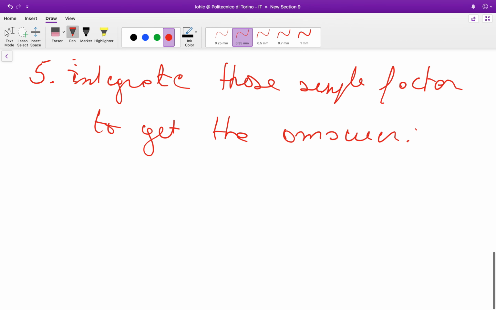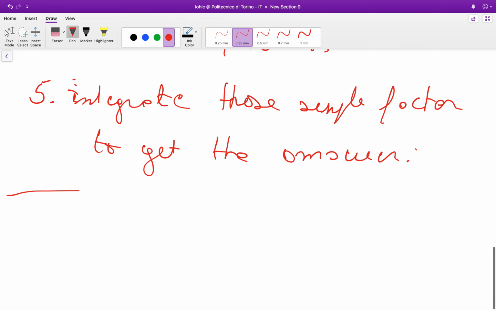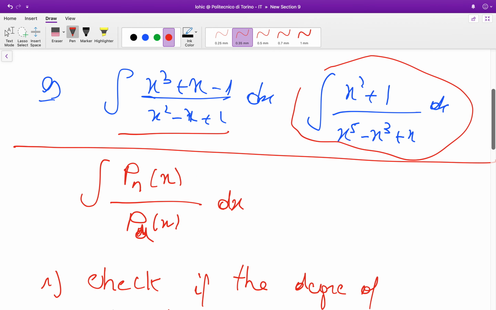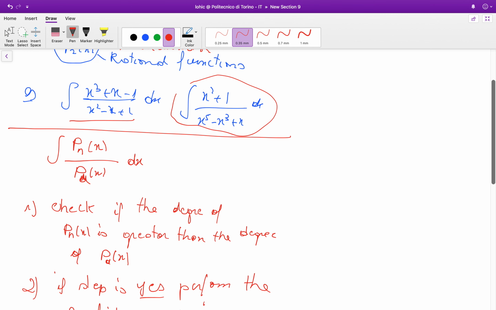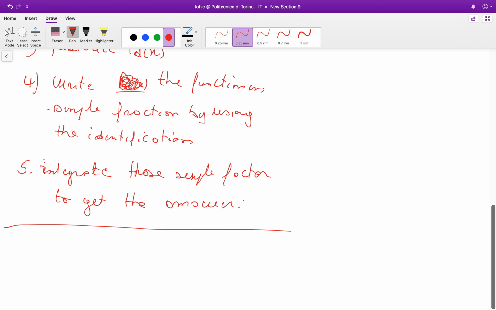Okay, these are the steps to solve this kind of integral. So we have 5 steps, or 4 if we count the recording.